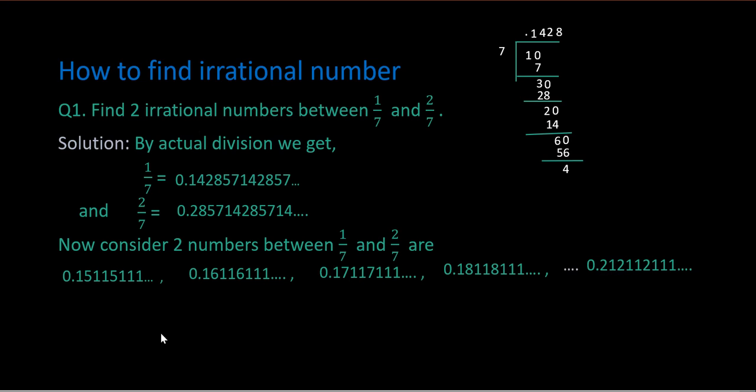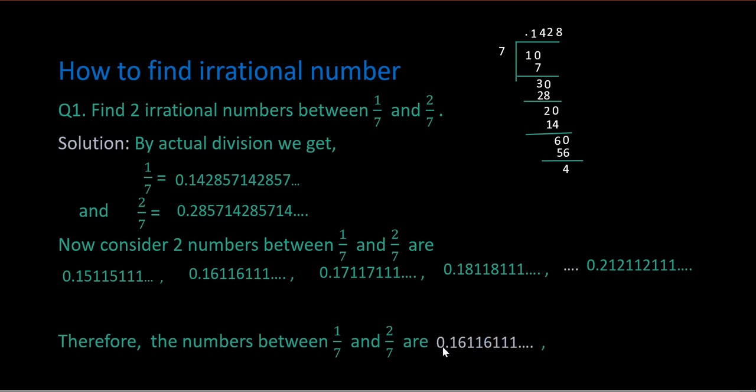So now from these 5 numbers you can choose any two irrational numbers. Therefore the numbers between 1 by 7 and 2 by 7 are 0.16116111 and 0.21211211.